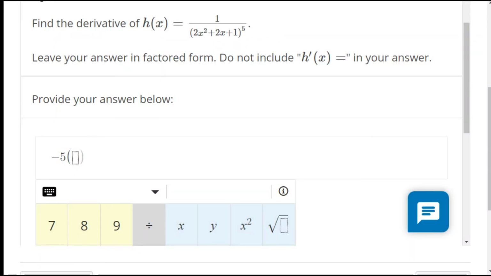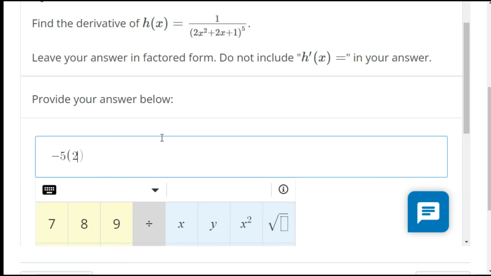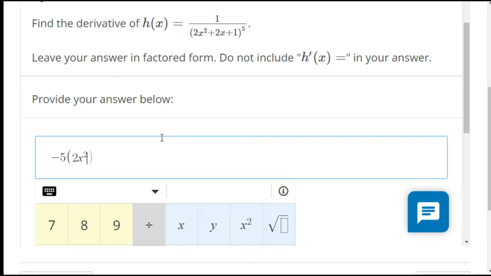Nothing to it. So here I'll have 2x squared plus 2x plus 1 to the power of minus 6, and then times 4x plus 2.